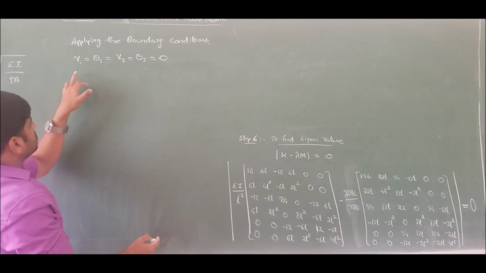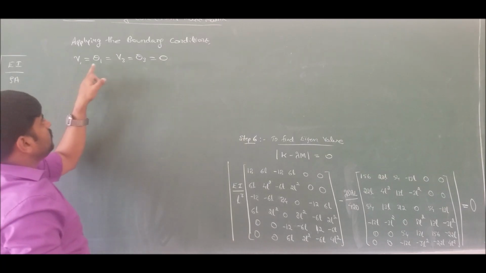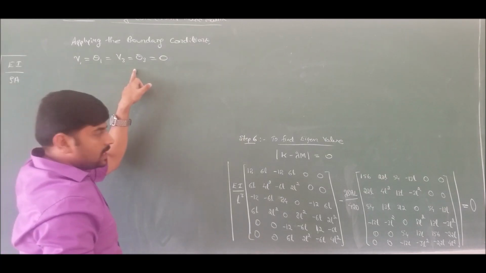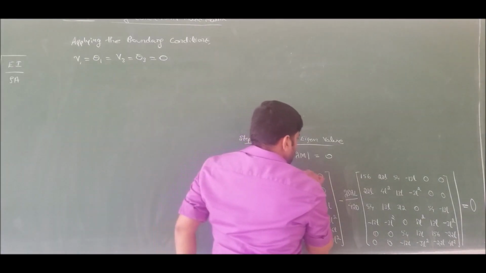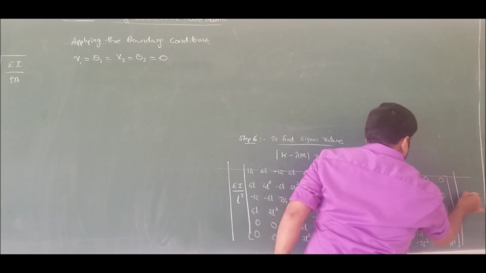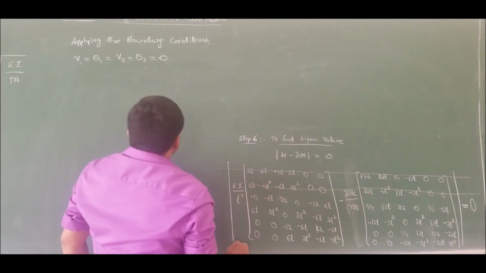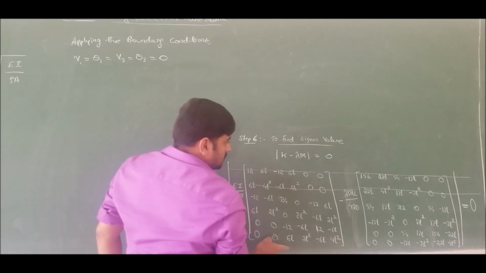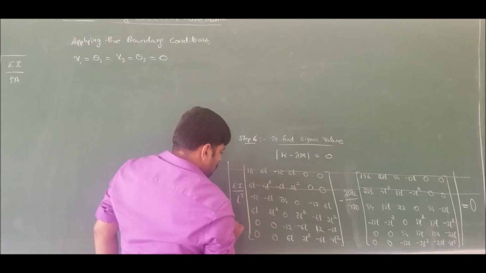Therefore, eliminate the corresponding rows and columns with respect to V1, theta 1, V3, theta 3. If I do that, eliminating the row corresponding to V1, that is first row, and theta 1, that is second row. Coming for V3, that is fifth row and sixth row.